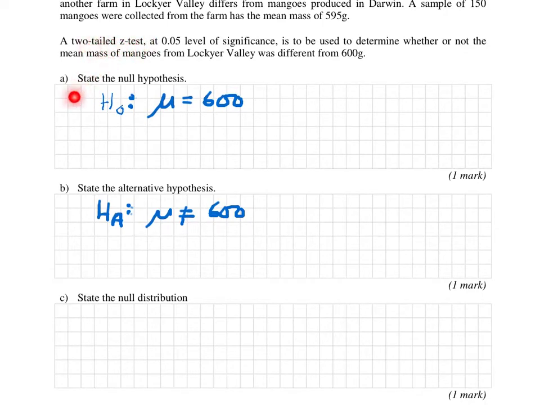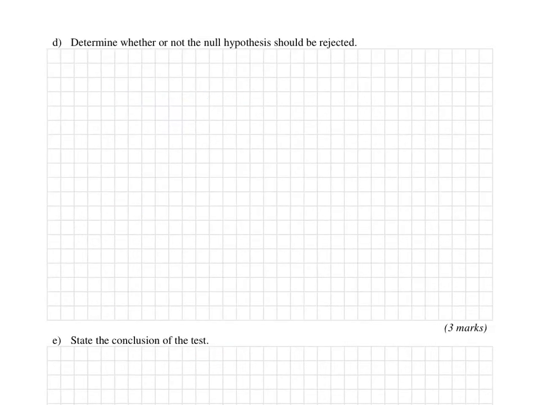So this actually gives you the idea what the null distribution should be. This is distributed normally, mean 0, and standard deviation of 1. Then for us to determine whether the null hypothesis should be rejected or not, we need to calculate first the Z value, the test statistic, and then the p-value, and then compare with 0.05.